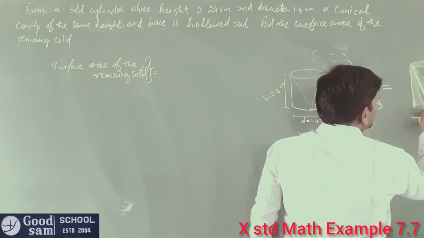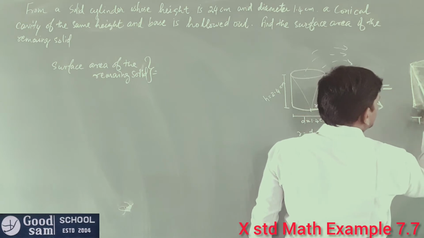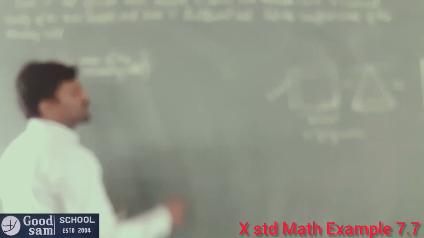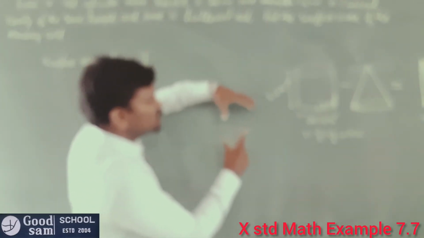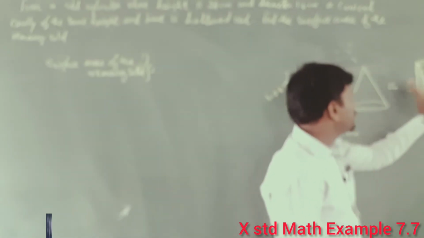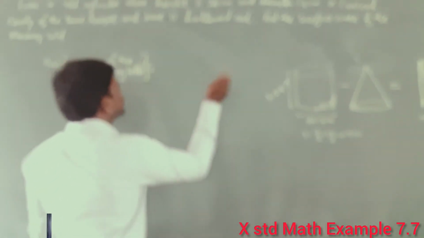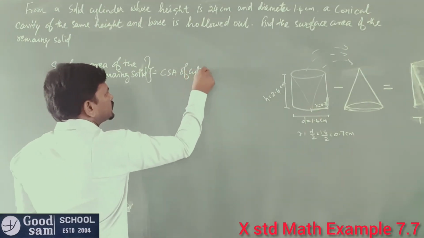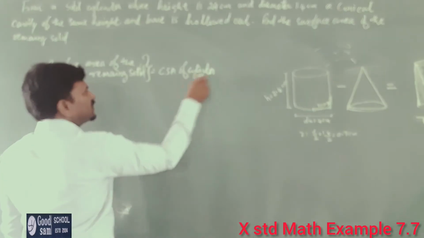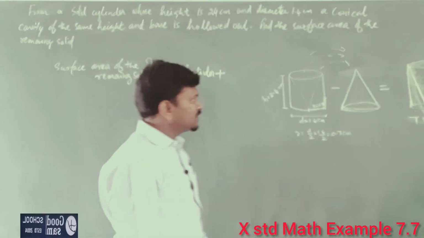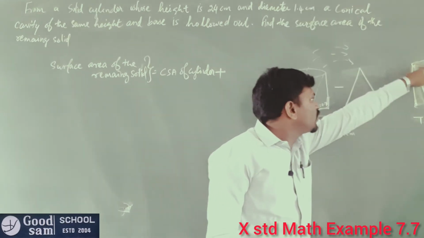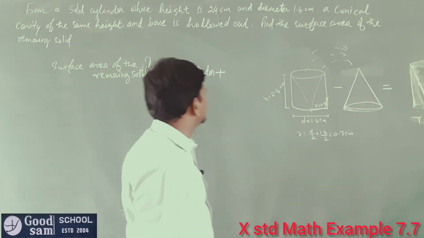The entire outside will be there, the CSA of a cylinder, plus inside there is also area, but inside it looks like a cone.